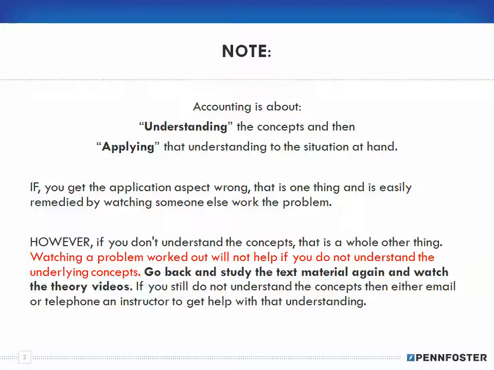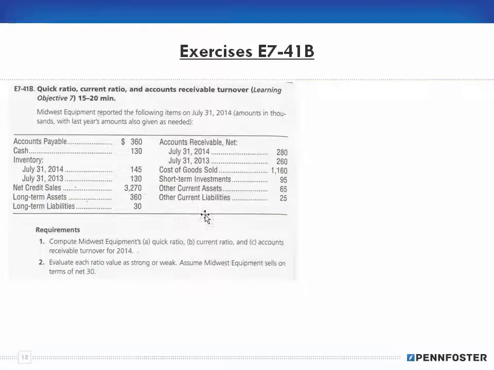So all we have left in this series of exercises for Group B is problem 41. It says current ratio, quick ratio, current ratio, and accounts receivable turnover. Midwest Equipment reported the following items on July 31st.